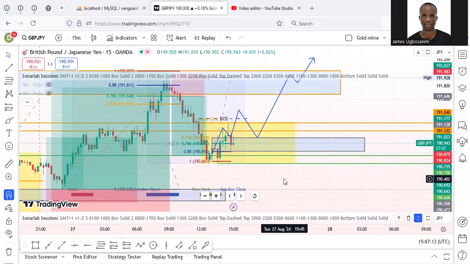Okay, nice. Now, before we enter for either a buy or a sell, the first thing we want to look at is the direction of the market.